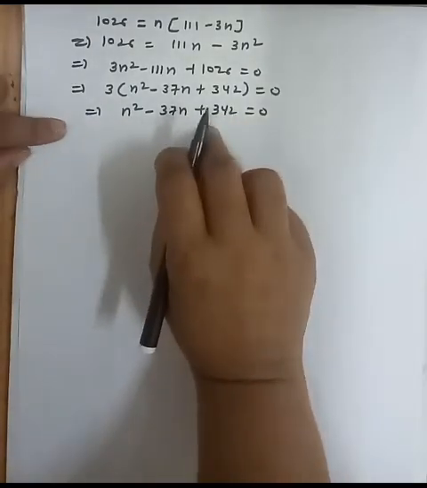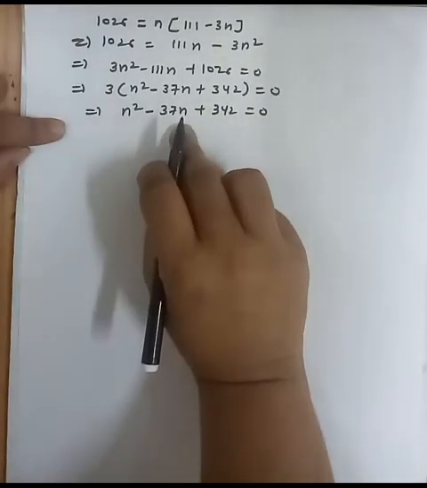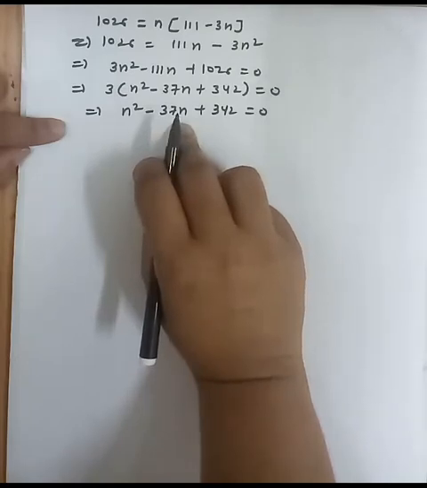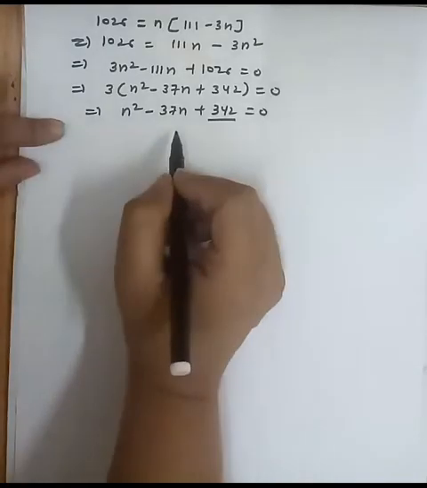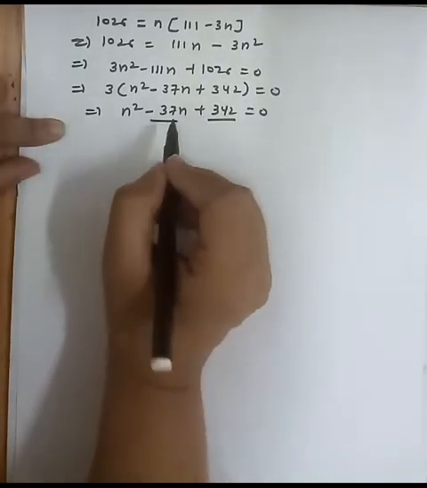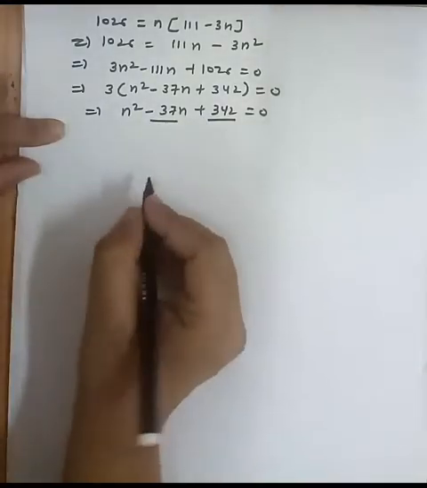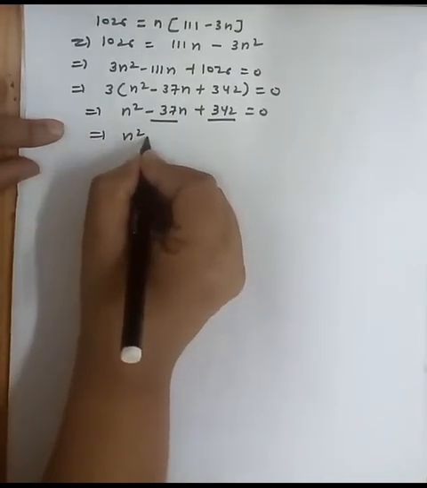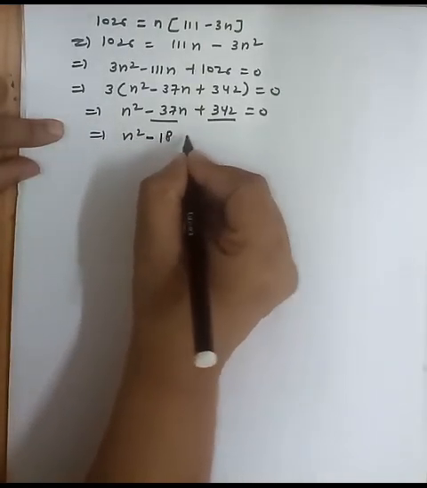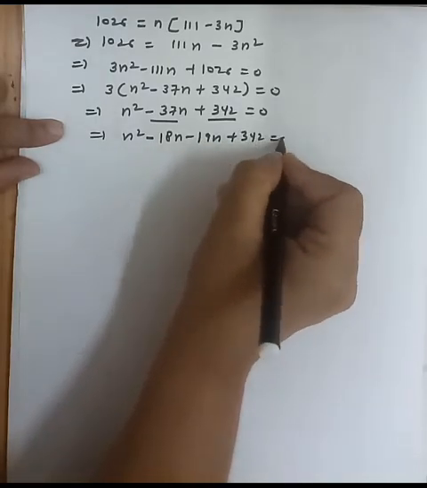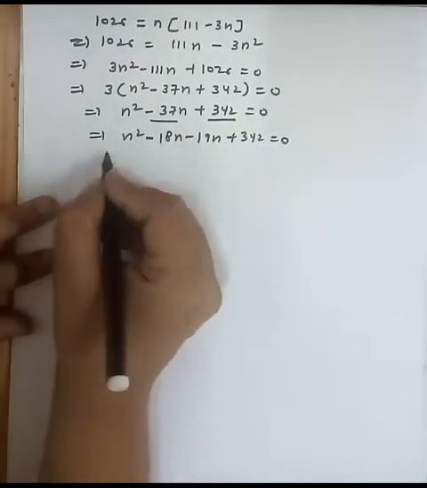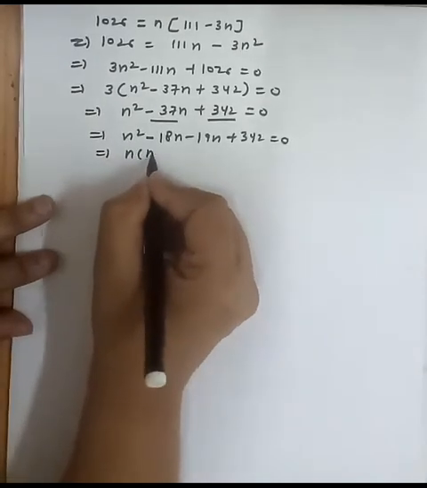How to factorize? You find two numbers whose product is 342 and whose sum or difference gives the middle coefficient. Okay, so we can find 18n minus 19n. I solve, make the pair.